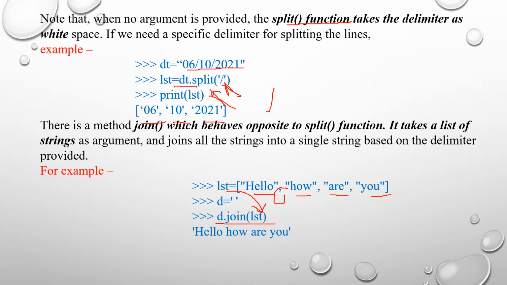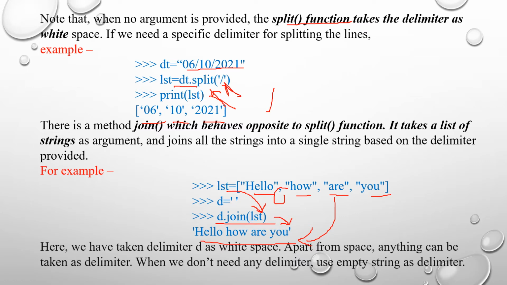This instruction will give hello how are you, converting the list into string format. Here we have taken the delimiter d as a white space. Apart from space, anything can be taken as a delimiter. When we don't need any delimiter, use an empty string as the delimiter.